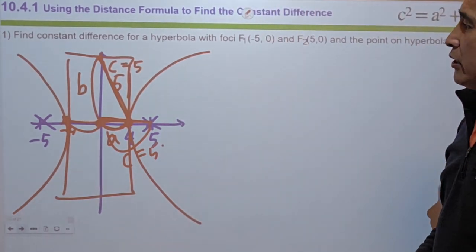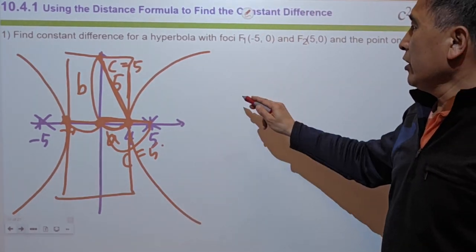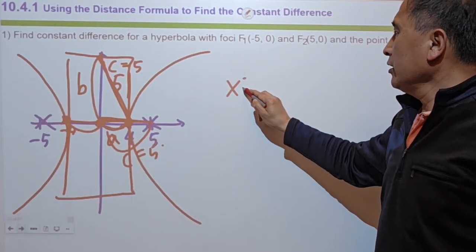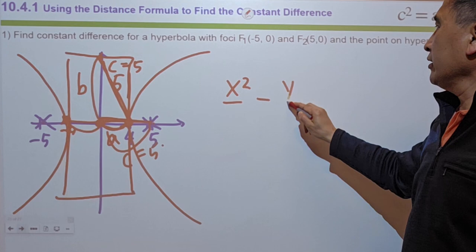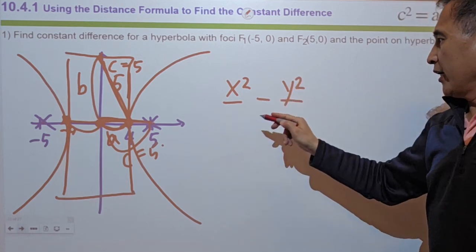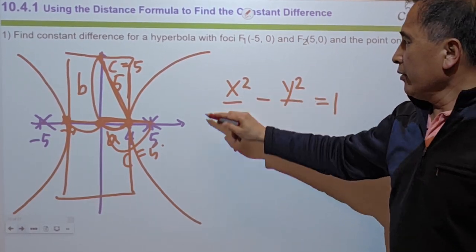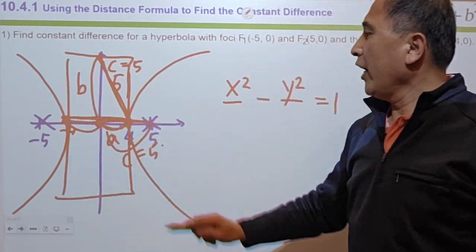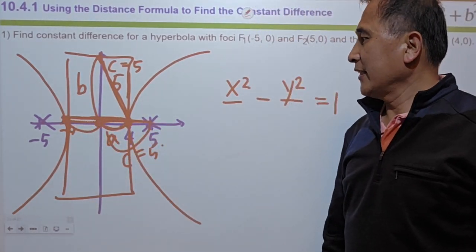So first, let's find the equation. The foci are on the x-axis, so you write x squared minus y squared. For a hyperbola it is always minus, equals 1. This line 2a we call the transverse axis.